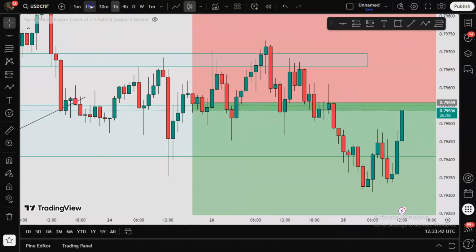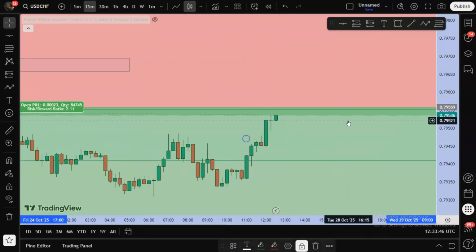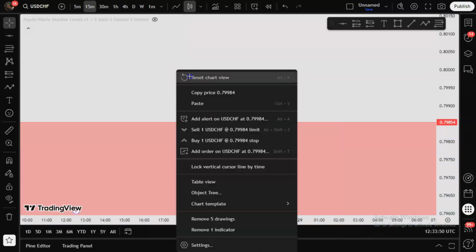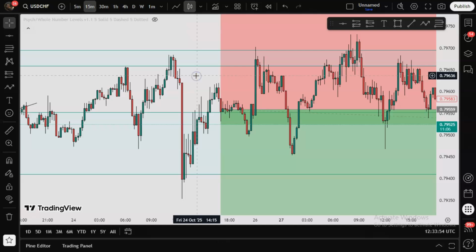And I normally take my entry from the 15 minutes and the 5 minutes too. What I actually wait for on the 15 minutes or the 5 minutes is something like a double top or double bottom, and then I take it.